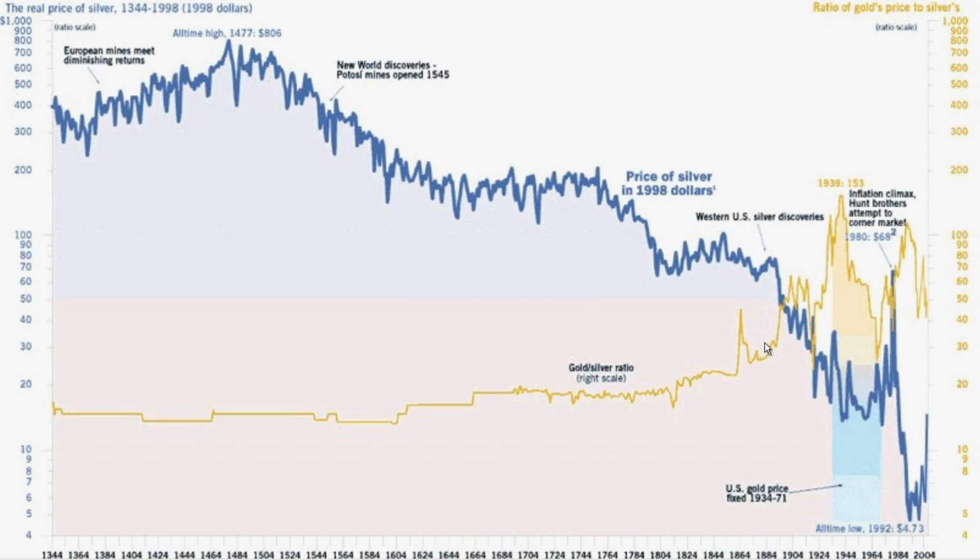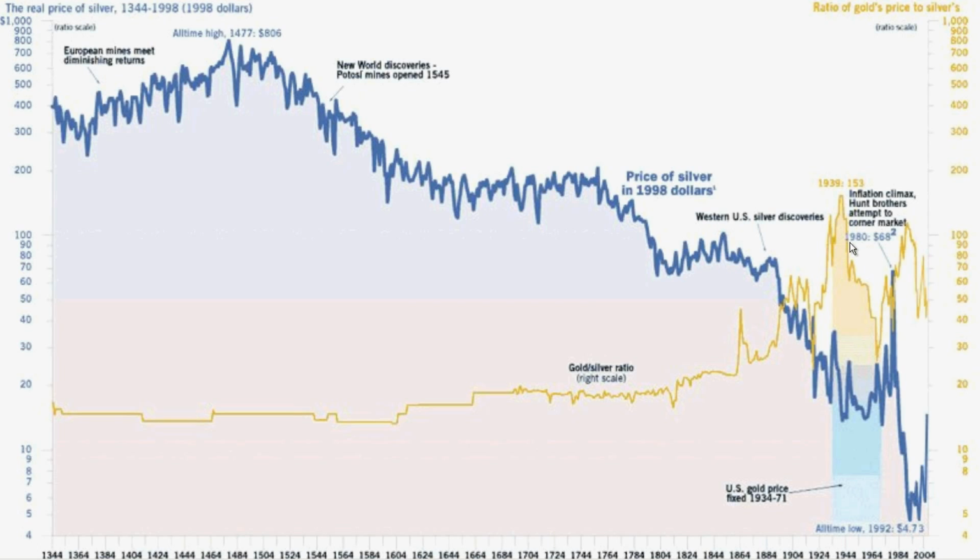But at the same time, or very close to that time, we had the western U.S. silver discoveries. So we had the Comstock Lode, we had these other gigantic mines discover enormous amounts of silver, and these two combined just caused a collapse in the inflation-adjusted price of silver and an explosion in the gold-silver ratio.